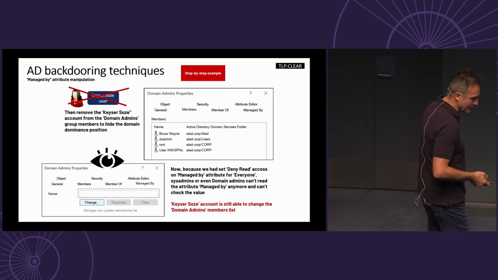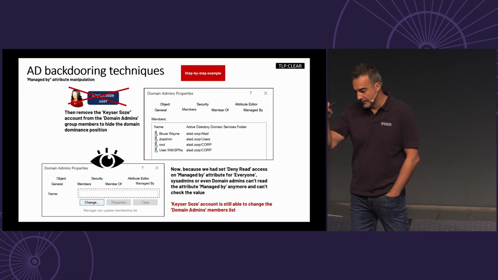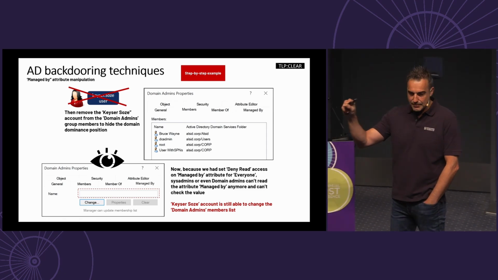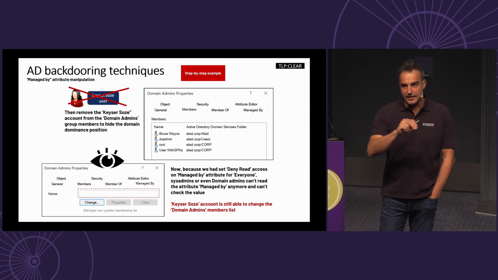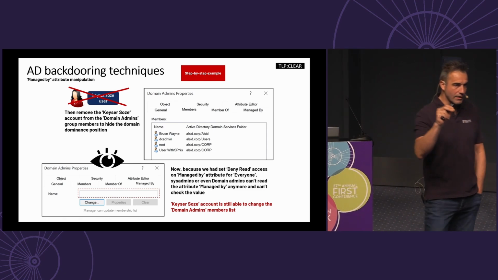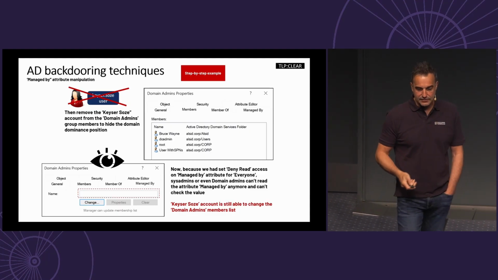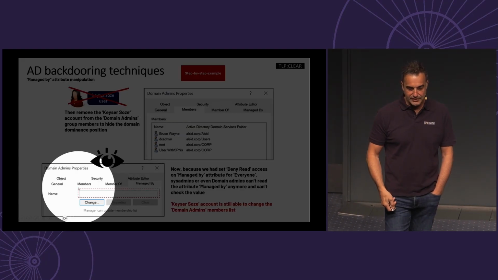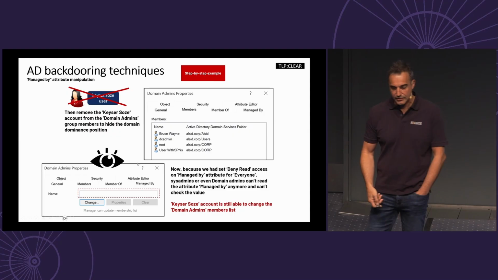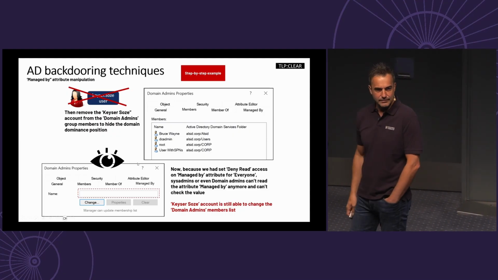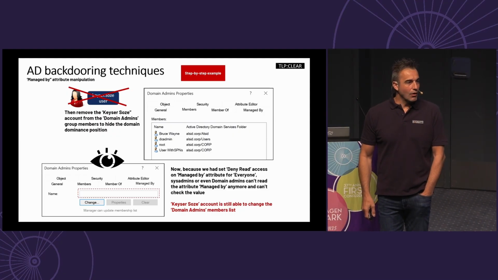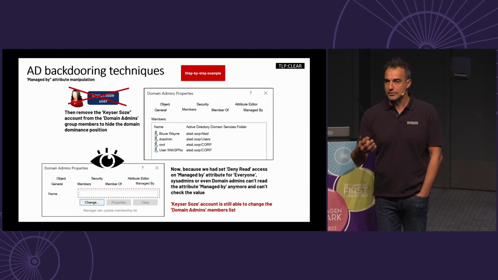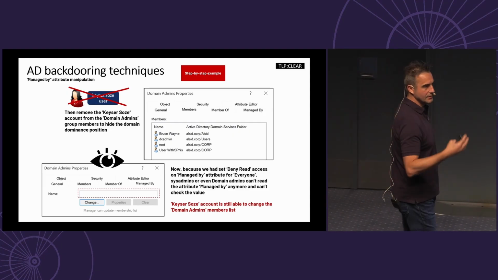So now, what happens if I do that? I put Kaiser Soze in the Managed by attribute, and I deny the access on the Managed by attribute for everyone in my domain. You will get something like that, which is exactly the same situation as if nobody was there. So it's almost impossible to check it when you open it using the GUI.